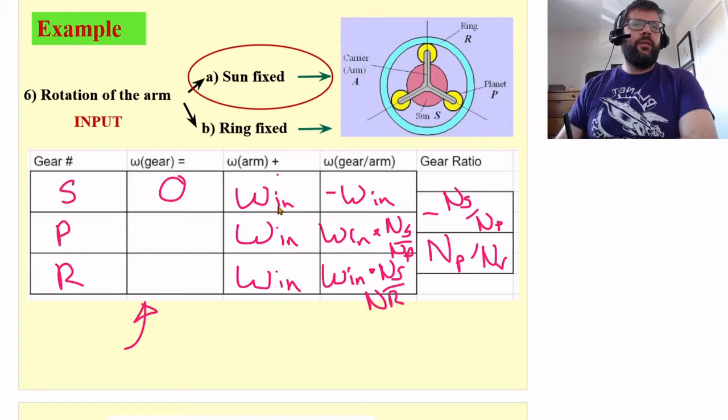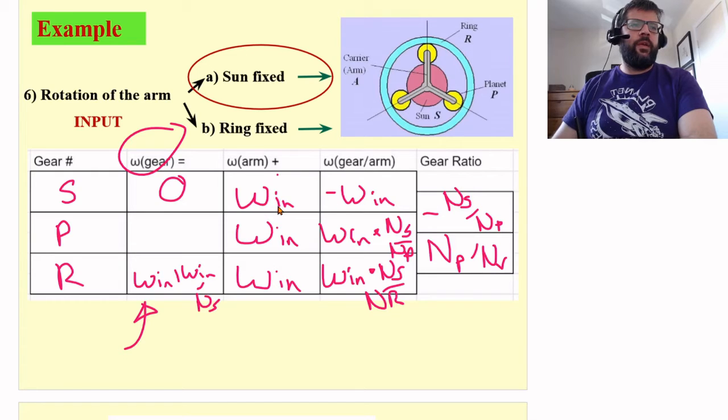Then for the actual output, W in plus W in times NS over NR, so that'll be 1 plus NS over NR, times W in.